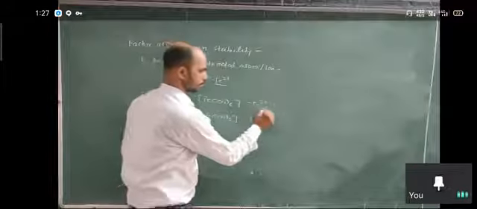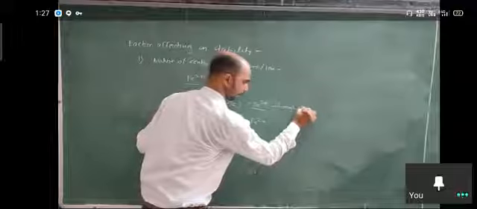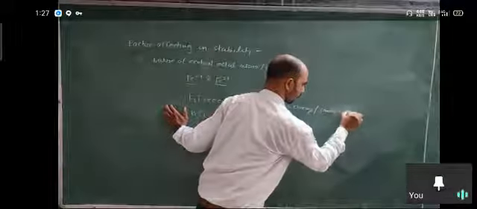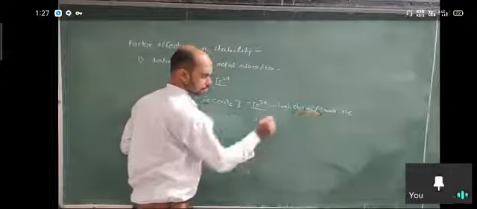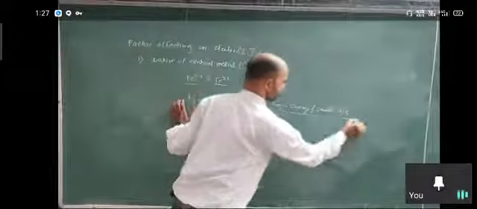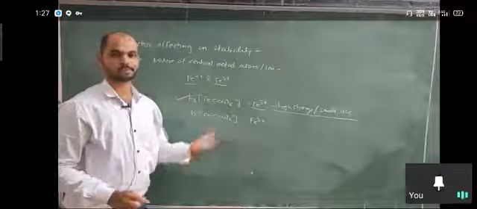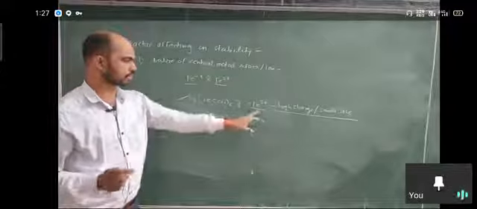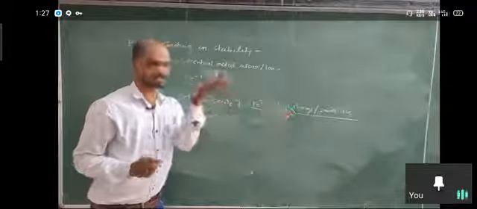So here high charge, small size; lower charge, higher size. So this ratio, charge to radius ratio, is highest here. So Fe3 plus forms the most stable complex, because here is a higher charge to radius ratio, the more the charge, the less the radius.